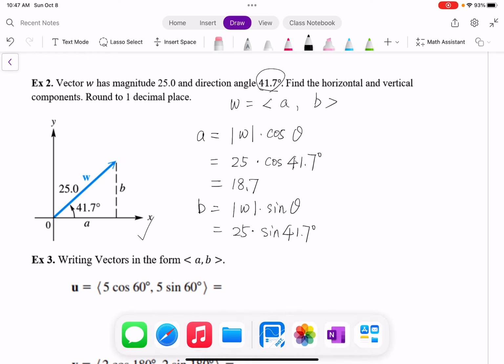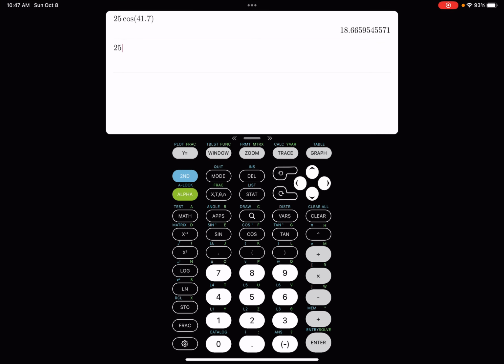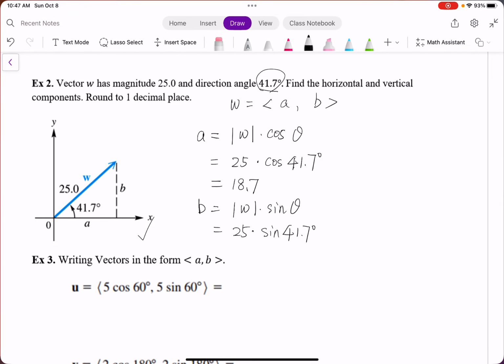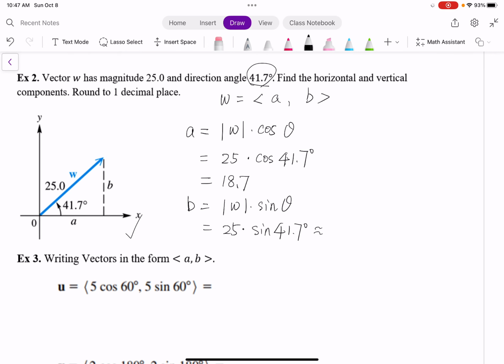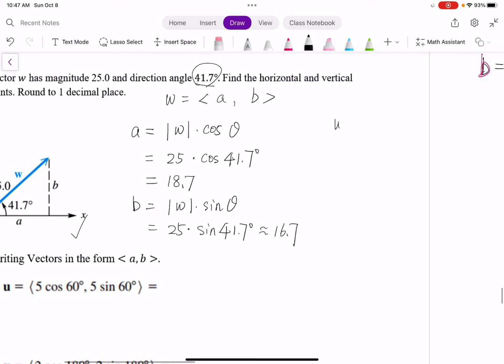Let's use our calculator. 25 sine 41.7, close the parentheses. I have 16.6. So my w in the component form is 18.7 comma 16.7. Oh, sorry, 16.6.